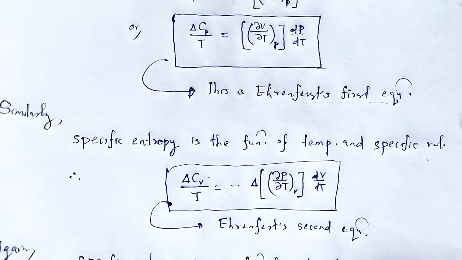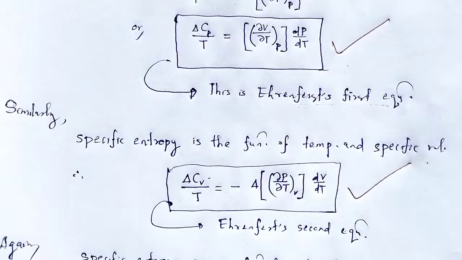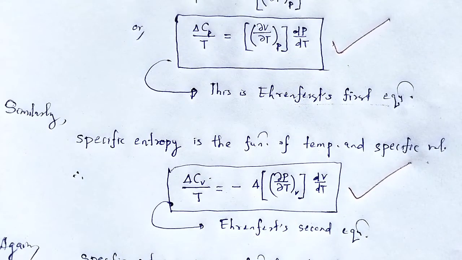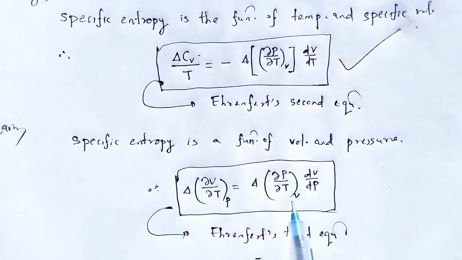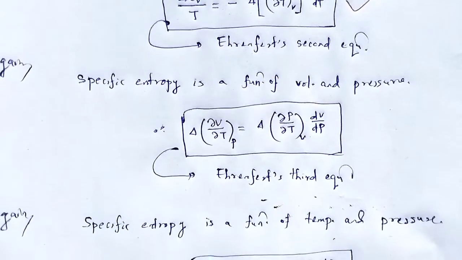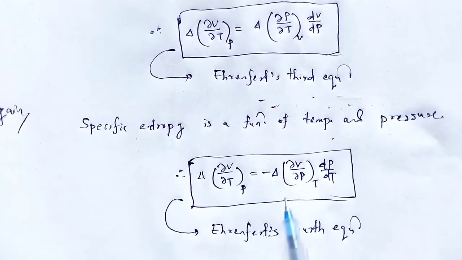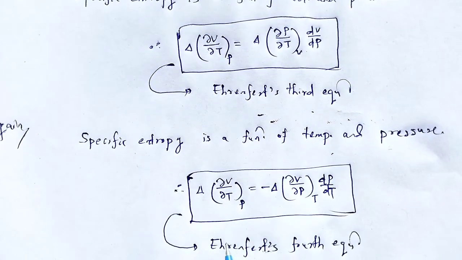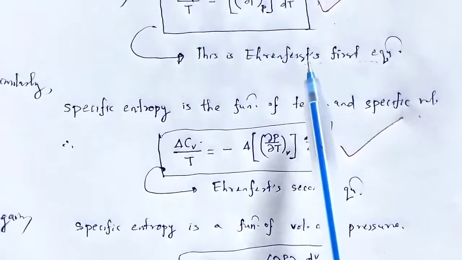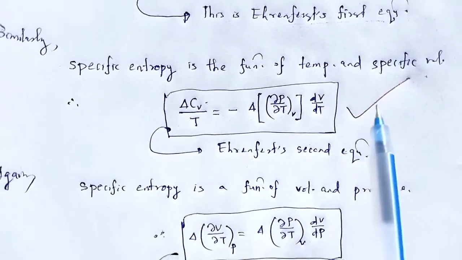These two equations are important ones, very important to calculate the second order phase transitions. Next, another two, the Ehrenfest third equation and Ehrenfest fourth equation. These are the Ehrenfest first equation and Ehrenfest second equation.